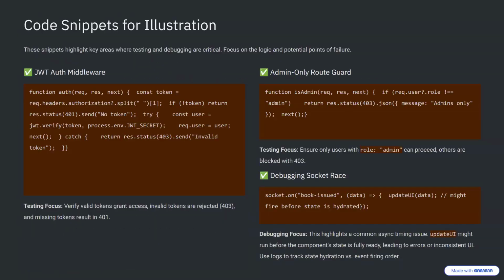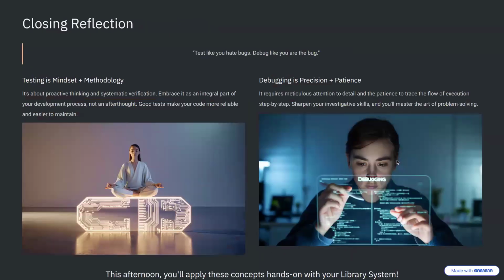Now here we're saying that the update UI may run before the component state is fully ready, leading to errors or inconsistent UI. So use logs to track state hydration versus event firing order. I'm not going to explain that more.